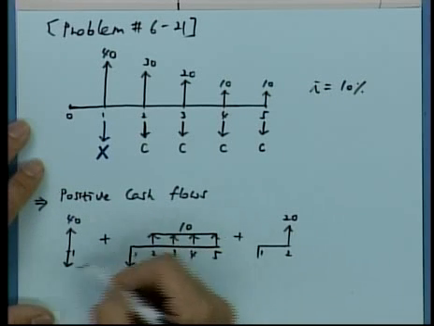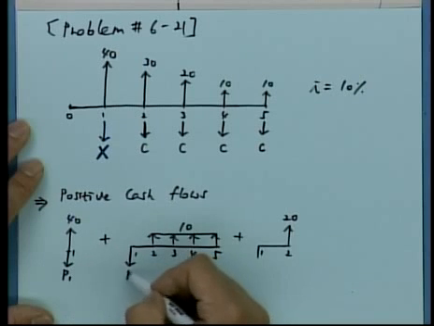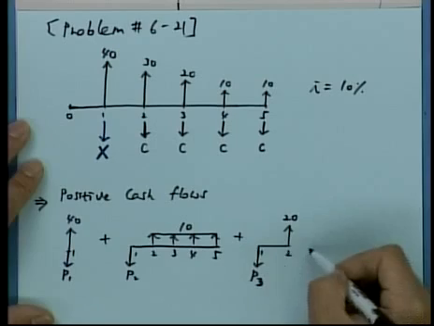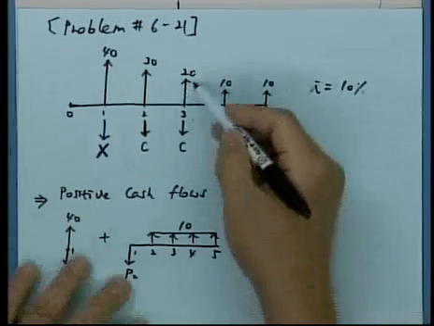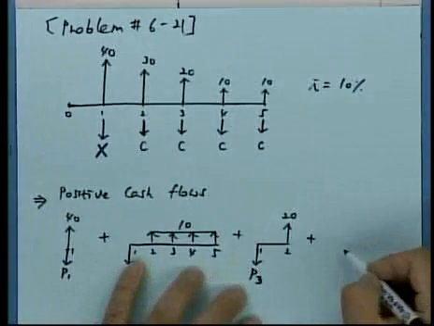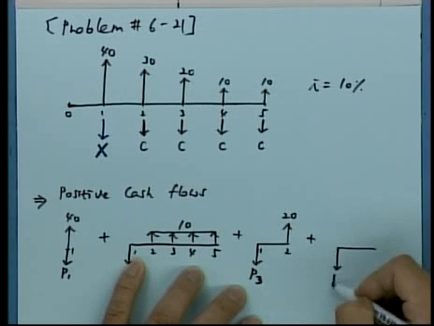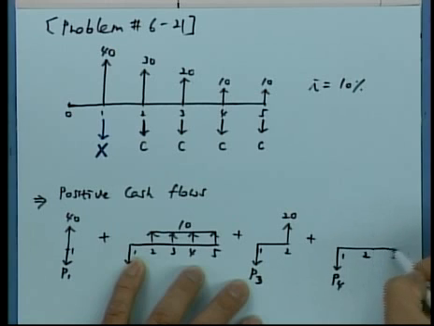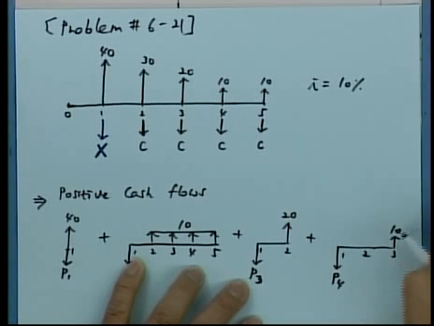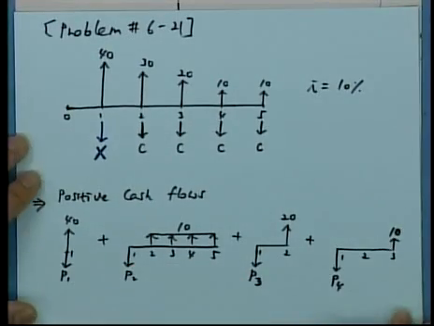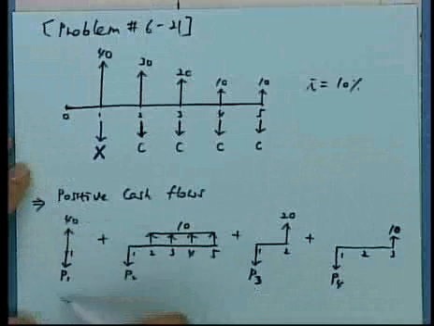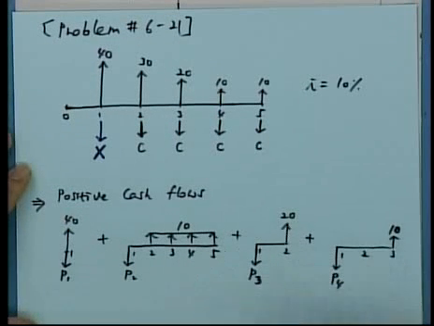Say this is P1, P2, P3, and then last component, which is this P4. There's 10 down here. Okay? So these positive cash flows can be broken down to these 4 components. Okay?